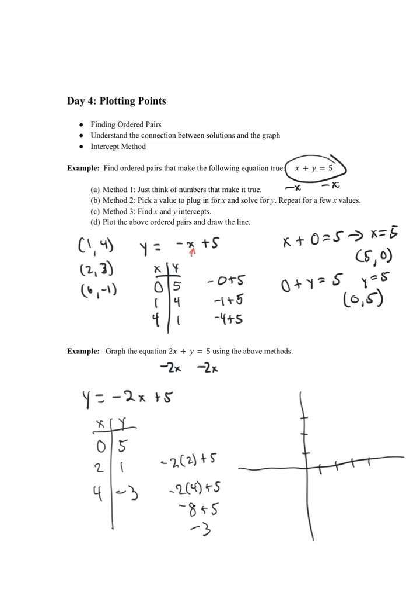So let me draw my axes here. Notice they're a little crooked, but it's harder to draw on an iPad than it is on paper sometimes. So (0, 5) would be up here, then (2, 1), and then (4, -3).